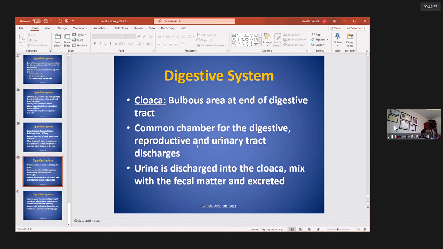Why would the reproductive process be involved? What are we talking about when we say it is a common chamber for digestive, reproductive, and urinary? Let's talk about reproductive. How would that be involved? Because they only have the one chamber of exit, so that's where the eggs would have to come through anyway.